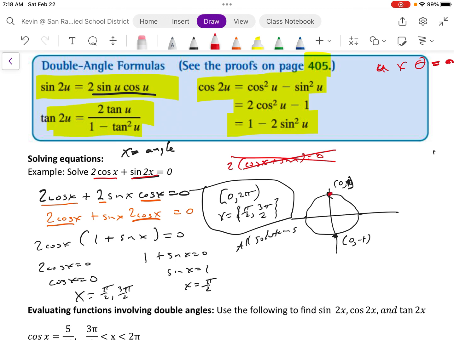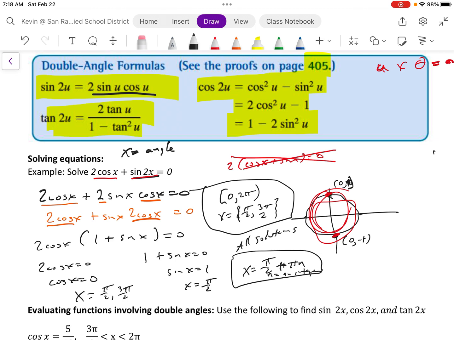So that means pi over 2, 3 pi over 2, back over here 5 pi over 2, 7 pi over 2, and we just keep going around and around. To write that in the general solution, we would write x equals pi over 2 plus pi n, where n equals an integer.